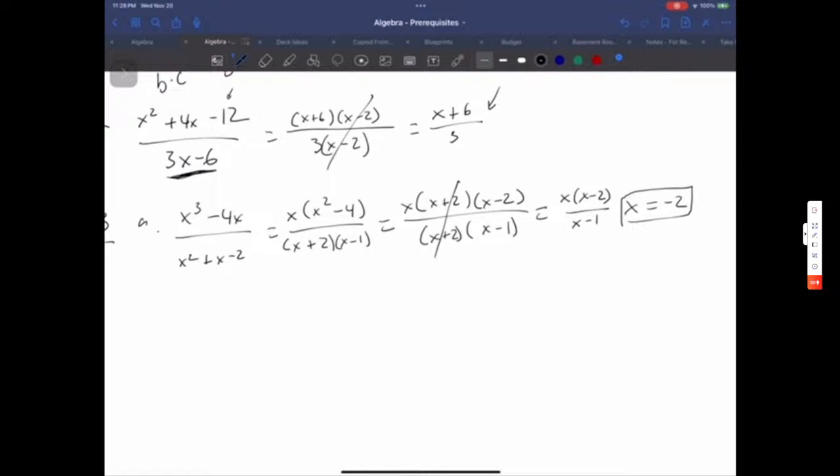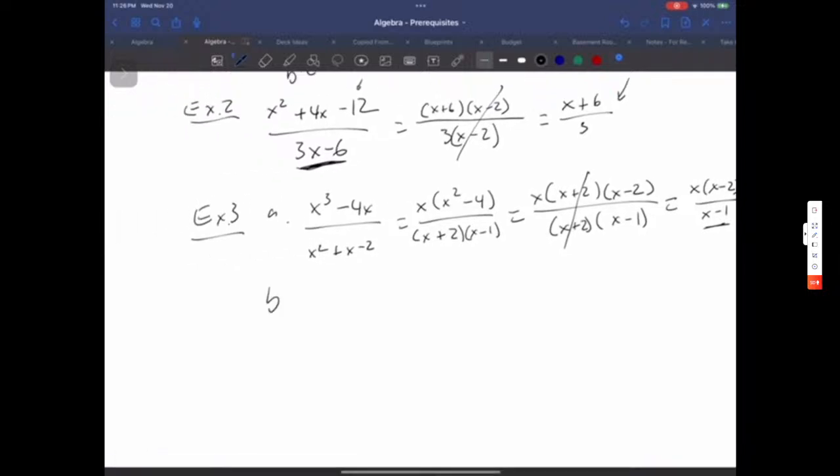X cannot be equal to positive 1 either, because that makes the new expression and the old expression equal to 0. However, that information is not lost because we have this here to tell us that the domain is restricted.